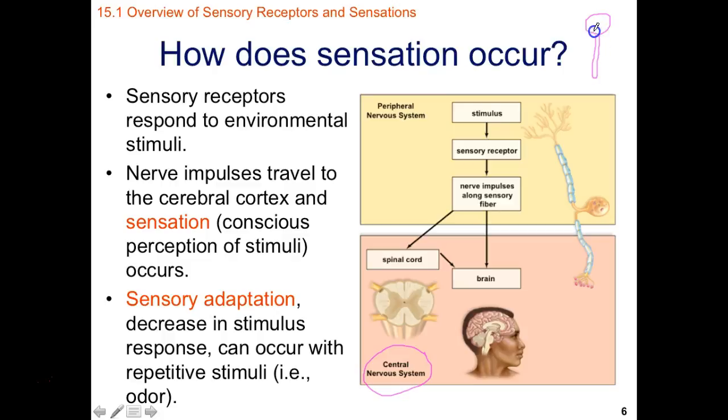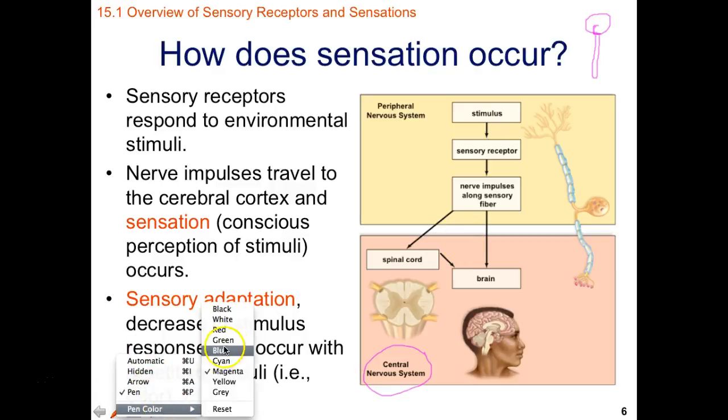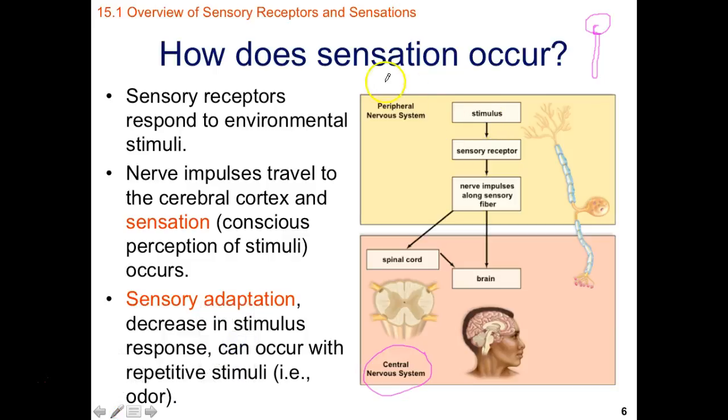Yes, this is my brain. Wonderful artist here. Everything else is going to fall into our peripheral nervous system. Okay, so these are the nerves that branch out to the sides here. We also have some cranial nerves that branch out. So just to reiterate, central nervous system consists of the brain and spinal cord. Peripheral nervous system consists of everything else. So our spinal nerves and our cranial nerves.